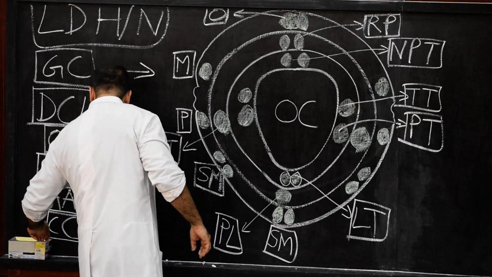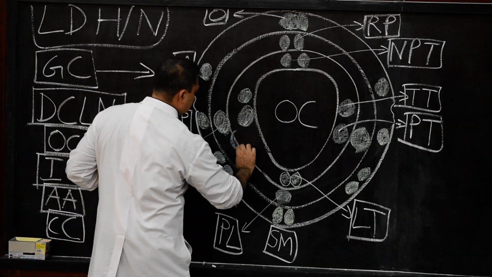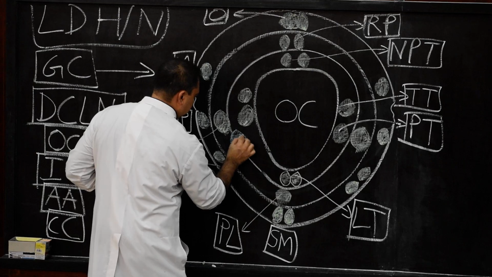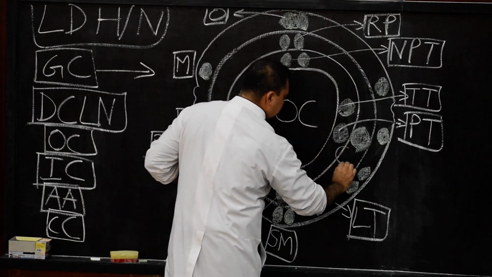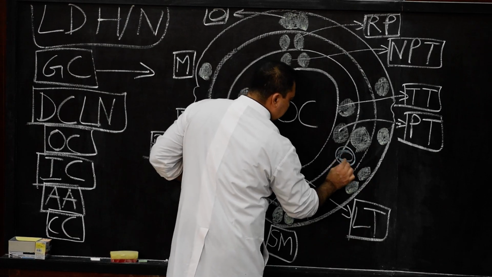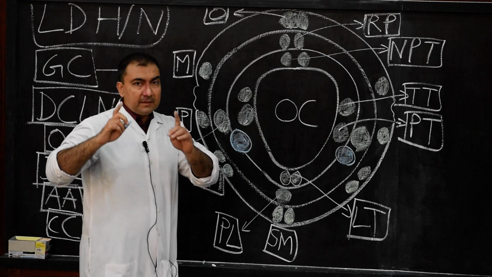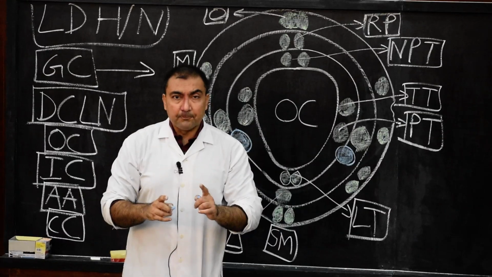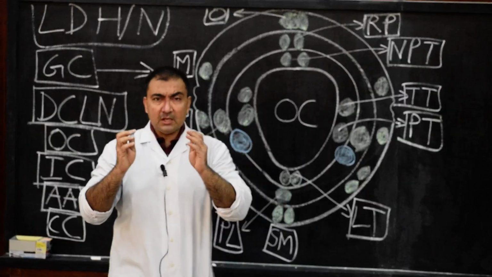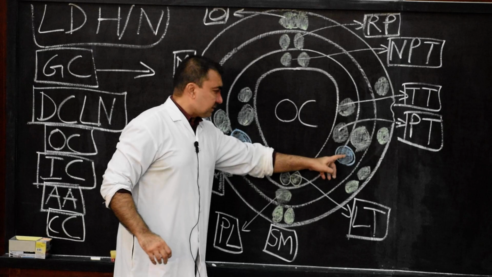Surrounding the internal jugular vein, whatever lymph nodes are present in a vertical manner will be the deep cervical lymph nodes.